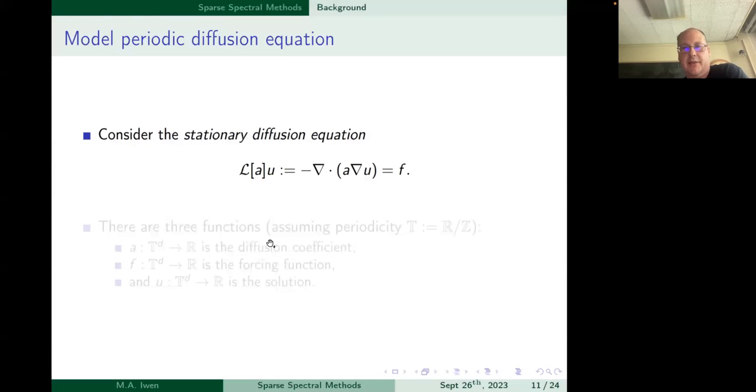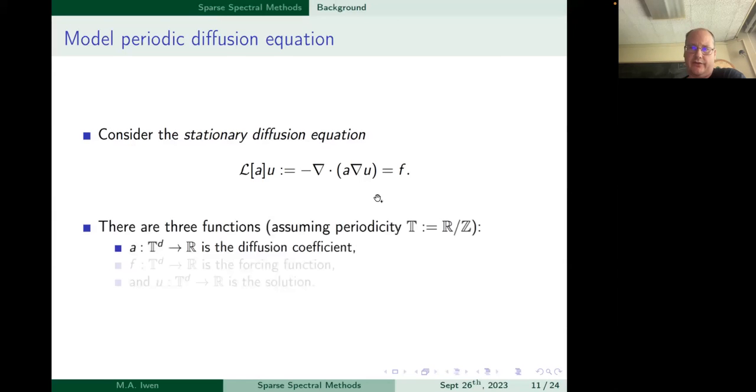Okay, so let's talk about how you can solve, as an example, a stationary diffusion equation. What we have here is our PDE data in the form of a diffusion coefficient A. Again, it's a function of d variables defined on a d-dimensional torus. So we're assuming periodic boundary conditions here.